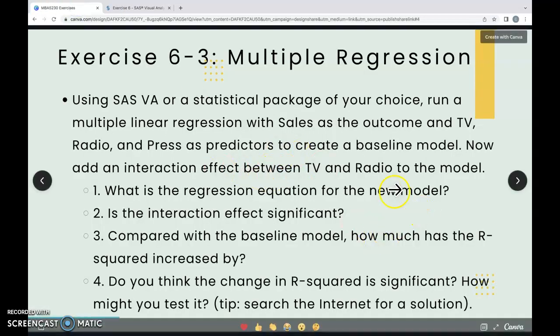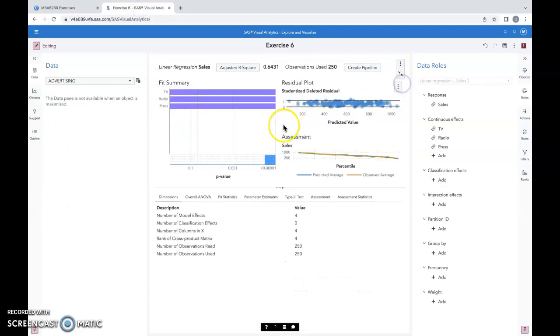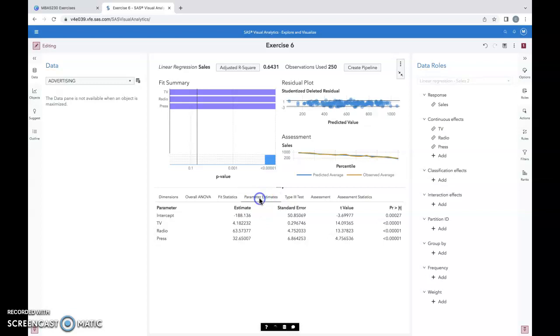So asking for the regression equation for the new model, we're going to use 4.18 times the number of TVs plus 64.02 or 63.57 times the number of radios, and then 32.65 times the number of press.